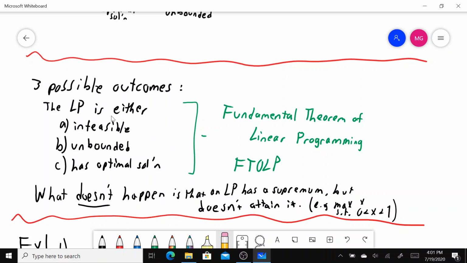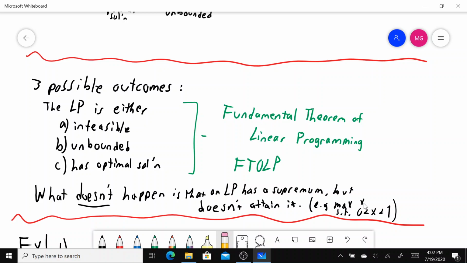So you might think that this is almost obvious, like what else could have happened? So here's what doesn't happen. For example, one thing that does not happen is that you have a linear program that has a supremum, but never attains it. Here's a very small optimization problem, which is not a linear program.